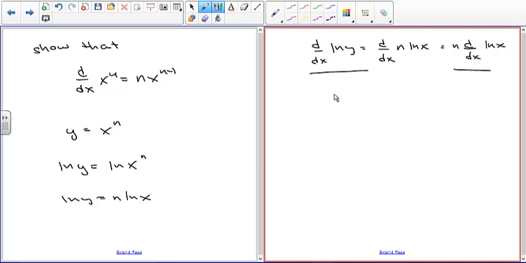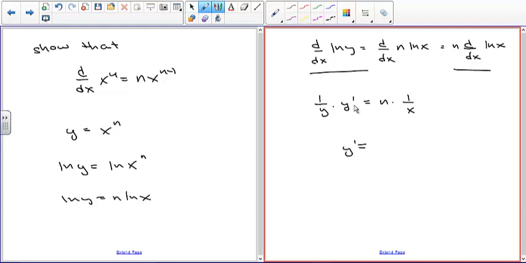Well, the derivative of that we just did a second ago is 1 over y times y prime. The derivative of the natural log of x with respect to x is just 1 over x. We don't have to put the y prime or anything. So this is just our normal definition of the derivative of the natural log of x with respect to x. Okay, so that's taking the derivatives using implicit differentiation on the left-hand side.